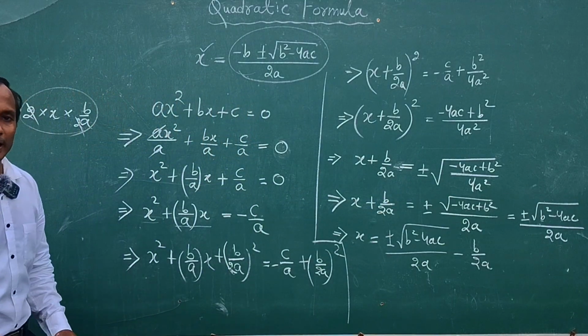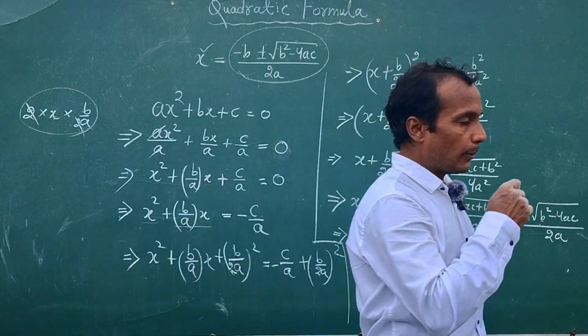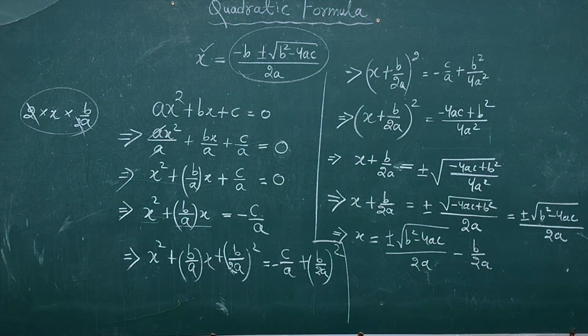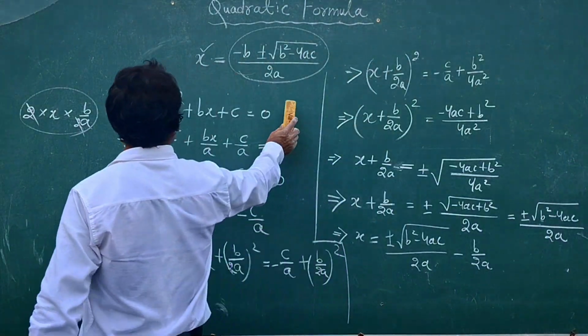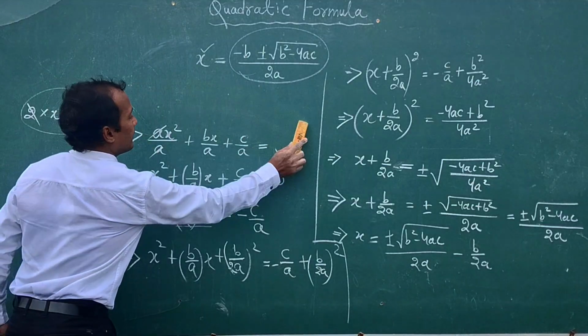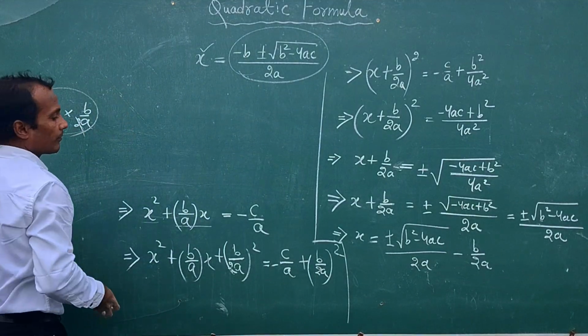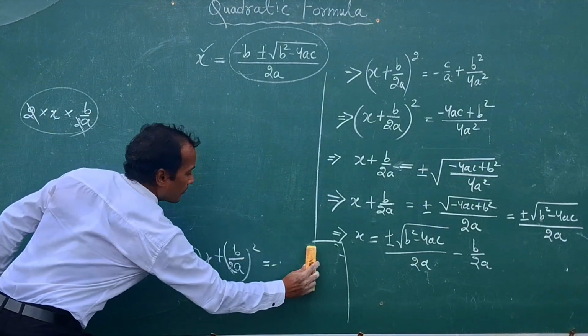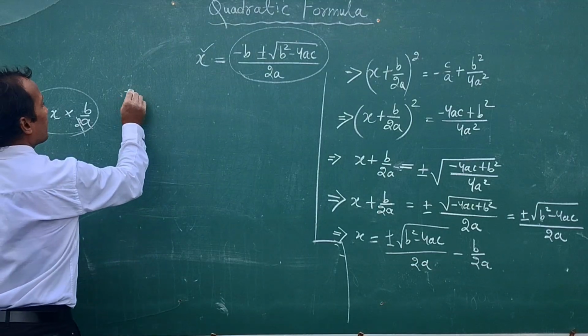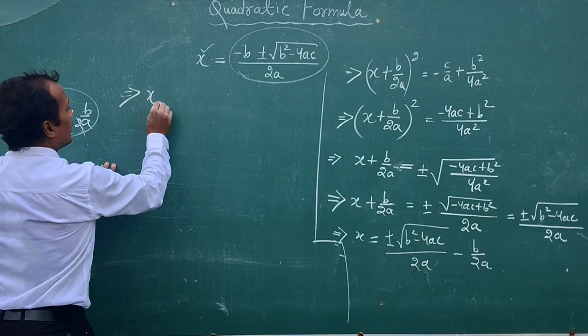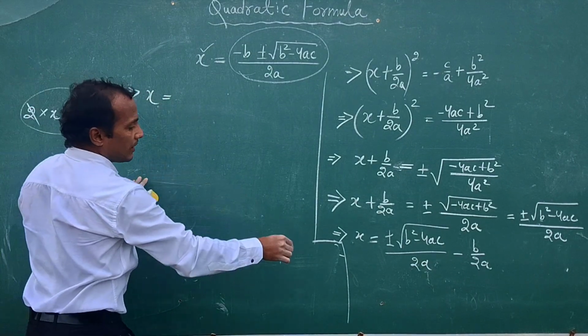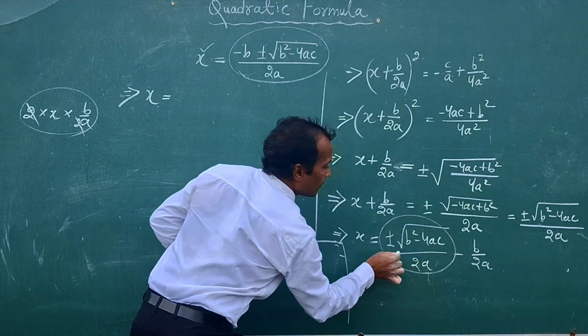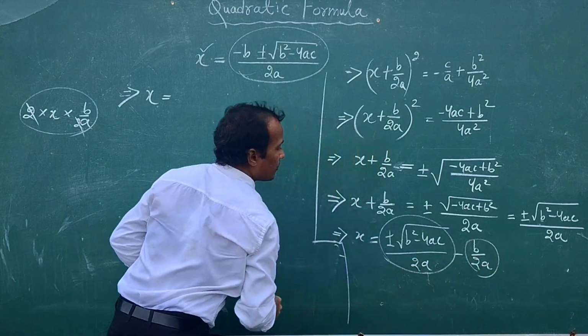Now in the next step we will be getting the formula, you see. I am erasing this part. x equals, LCM of this particular part and this part is 2a.